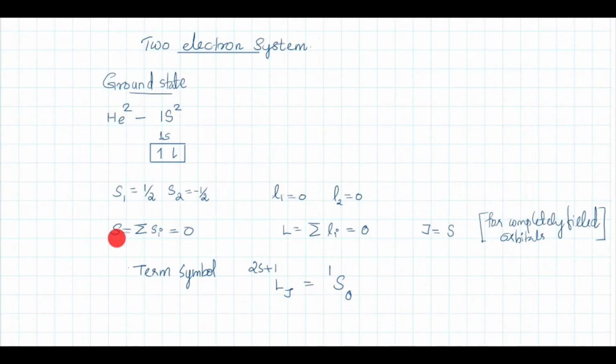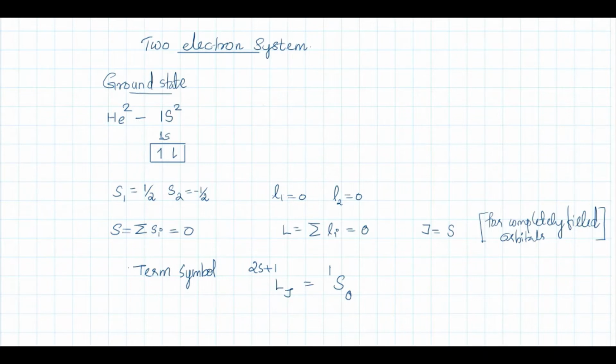So the total ms value, all these ms, from now on I will denote simply as s. So the total S value will be sigma si. There are two values, so if you add these two you will get 0. What about ml values?